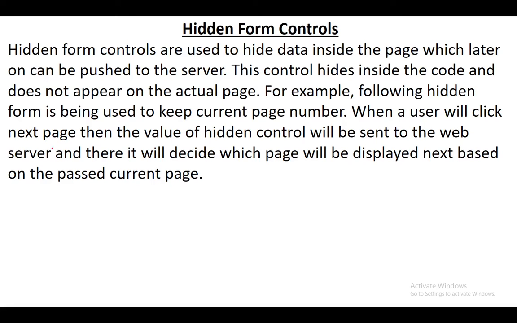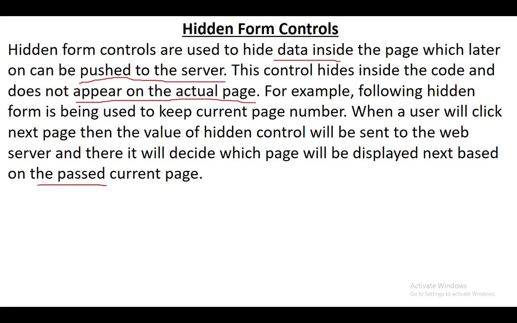As you can see, well, hidden form control. Hidden form controls are used to hide data inside the page, which later on can be pushed to the server. This control hides inside the code and does not appear on the actual page, which means you won't exactly see it when you open the website, but it's there.